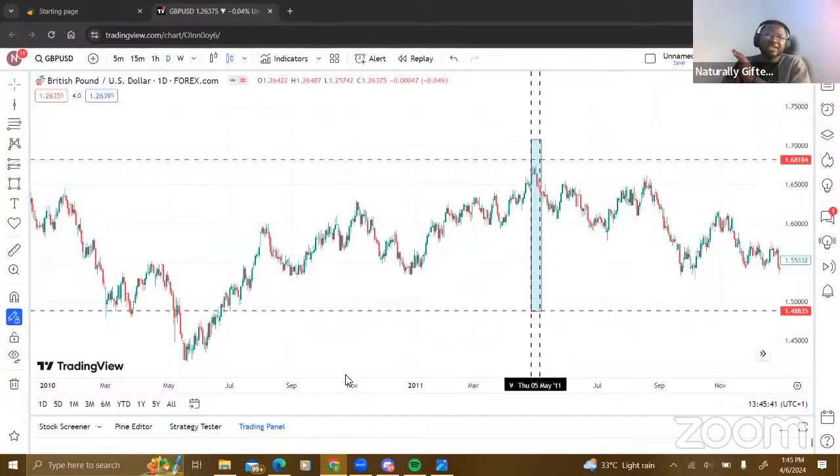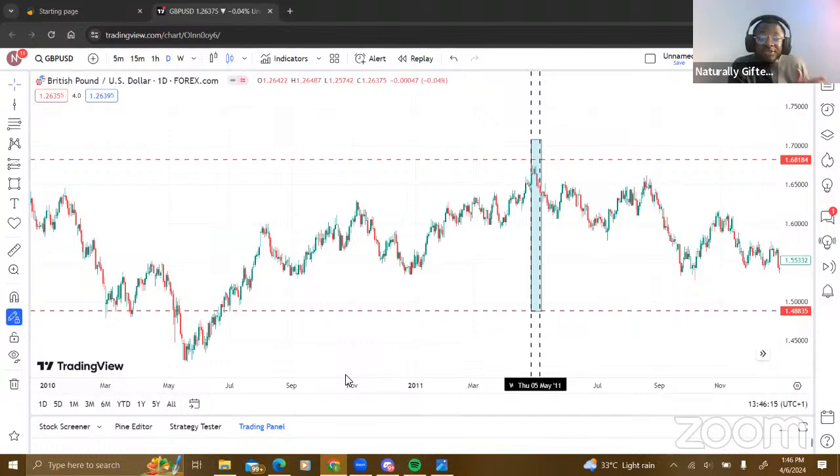Let me say this, and I've said it over and over again. For every one of you who is looking to trade Forex, either full-time or part-time, the greatest joy you should concern yourself with is the fact that whatever the market is doing today would be a reversal or repetition of what it's done in the past.